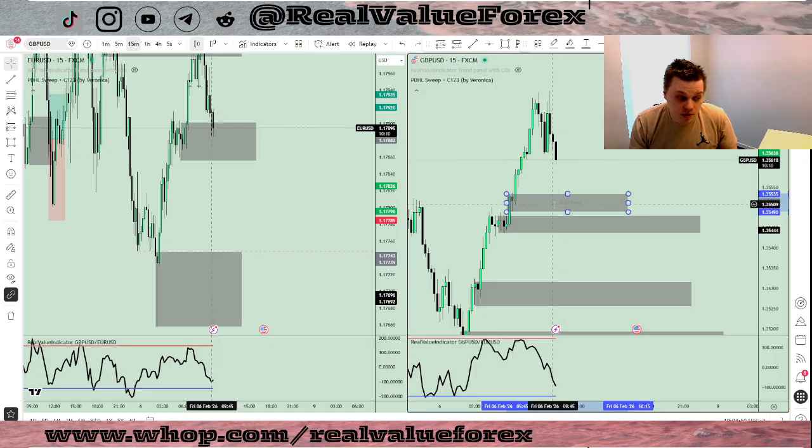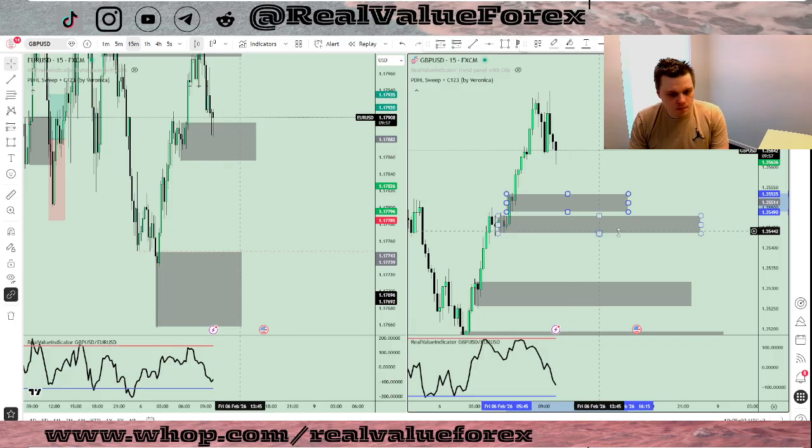But if for some case it's a really good setup in here and we don't touch the main order block, I would go in here as well. But like 90% sure we will tap this one in here if we tap this order block. But yeah, I would still take this trade.